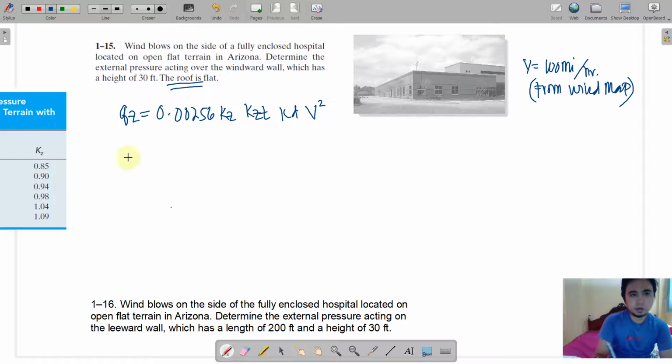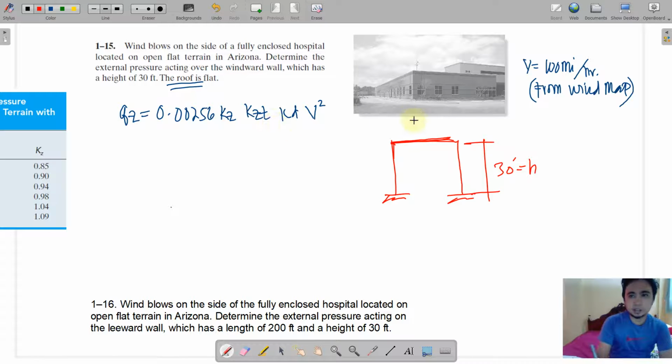Therefore, if we are going to illustrate the building structure, we have here as the building structure, the flat is this roofing. Therefore, the mean height is 30 feet. So there is no additional height here for the mean height. So the mean height here is 30 feet.